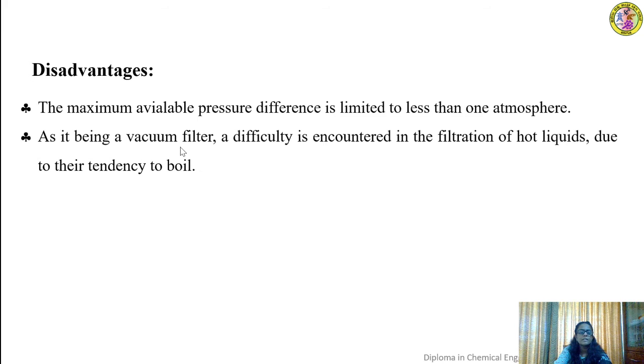As I said in the beginning, when we discussed the disadvantages of vacuum filters, whenever the liquid being handled is hot and volatile in nature, the application of vacuum may cause its vaporization. So there is a tendency to boil the hot liquids. That is a drawback with the vacuum operated rotary filter.